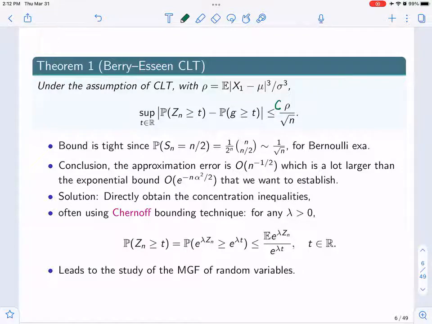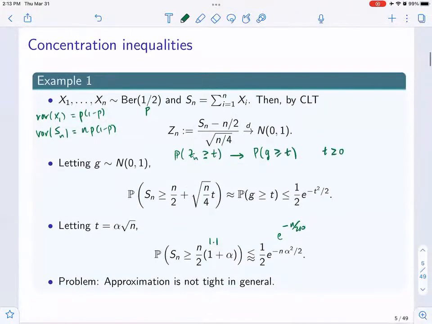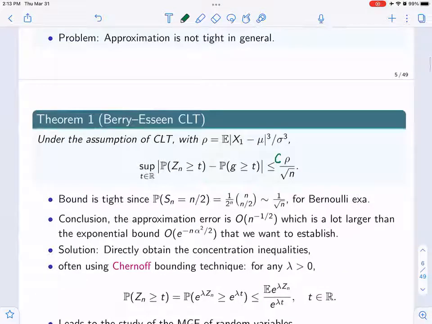The scale should be like this, and the reason is if you look at the Sn, the probability that this is exactly equal to n over 2, let's say n is even, is this. So n choose n over 2, 1 over 2 to the n.